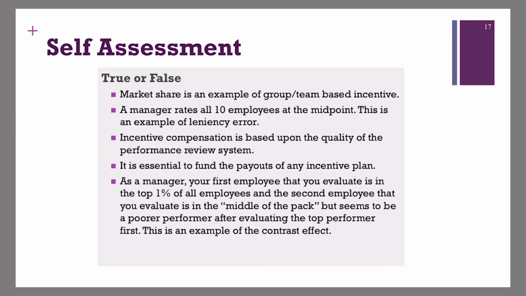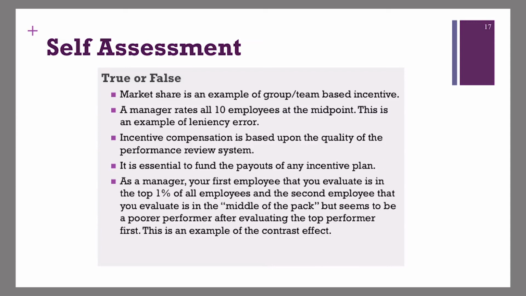It's true, because remember, one of the risks is that the performance evaluation system might be flawed in some way. Next one, it's essential to fund the payouts of any incentive plan. Obviously true. And the last one, as a manager, your first employee that you evaluate is in the top 1% of all employees that you've ever seen and experienced.